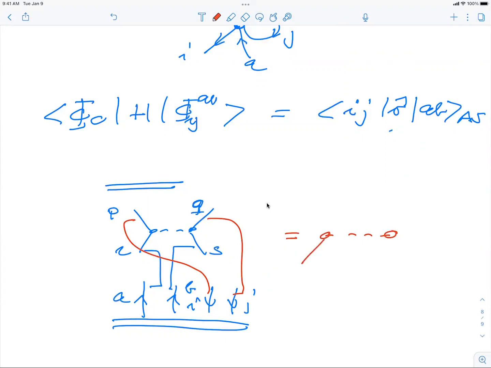So I have an I leaving, an A coming in, a J leaving, and a B coming in here. And that is not going to be the anti-symmetrized matrix element, but this is just the matrix element of V, of A and B.